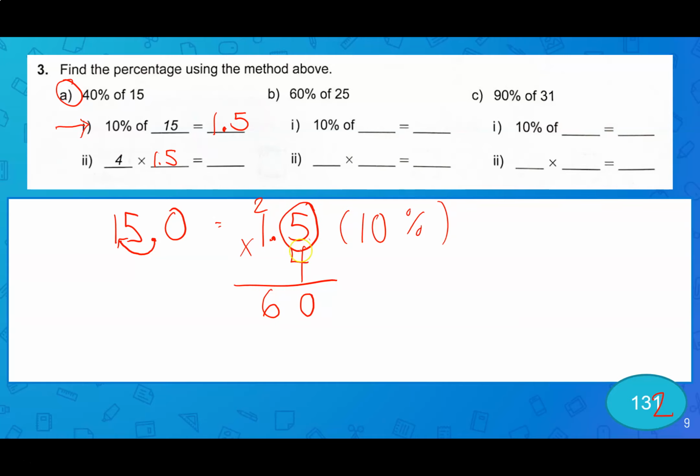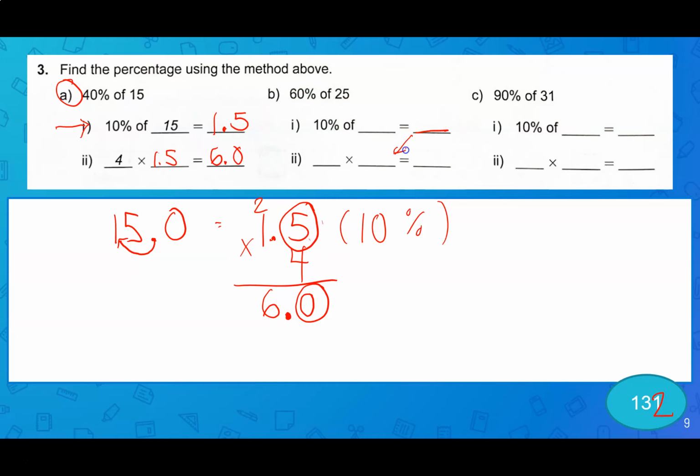The 4 doesn't have a decimal, so we know that our answer will have 1 decimal place. So this 0 here will be part of the decimal. So we know that our decimal goes here. And that sounds about right. If 10% is 1.5, 40% would be 6.0.